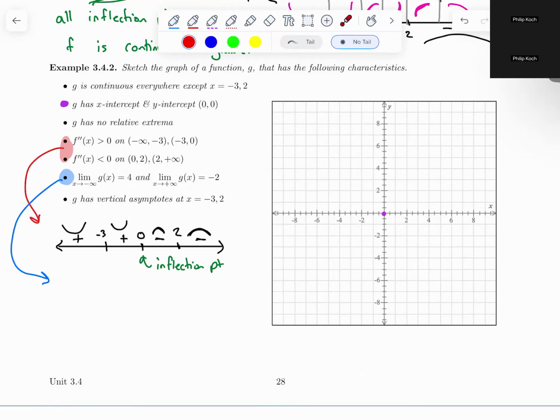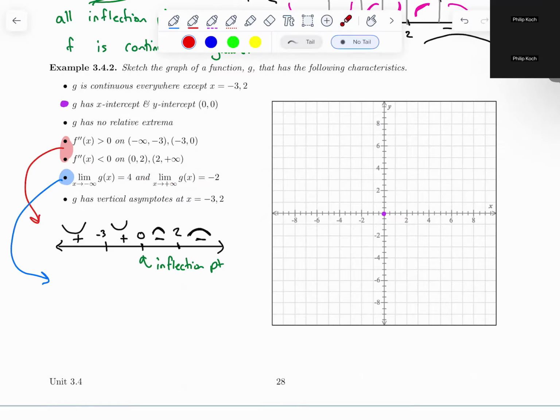What this is telling us is that as x gets infinitely large in the negative direction, so as we go further this way, our function values become 4. That's a horizontal asymptote. That means that your y values are leveling off at 4 as you approach negative infinity, and they're leveling off at -2 when you approach positive infinity.